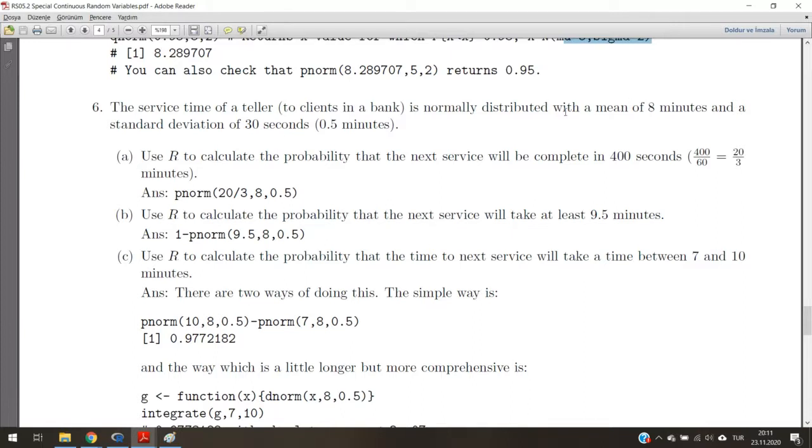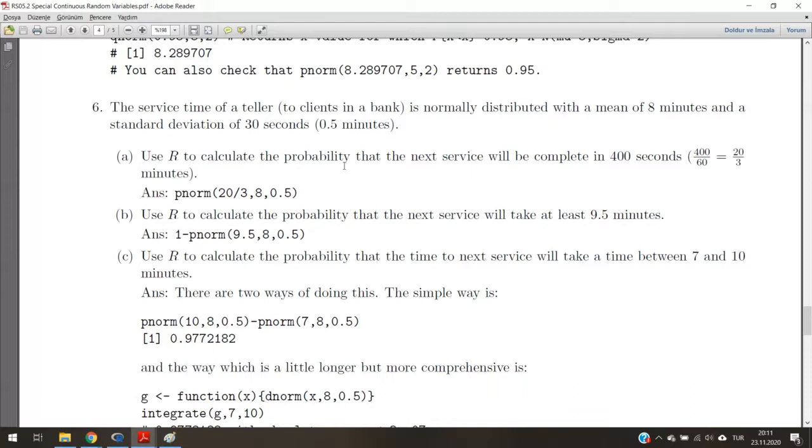However, remember, you need to use a consistent unit at all times. So 8 minutes is the average, therefore you need to write 0.5 minutes as the standard deviation, okay, not 30 seconds. If you write the location parameter is 8 and the scale parameter is 30, the units will not match, and of course you are going to answer it incorrectly. So 0.5 minutes is the standard deviation.